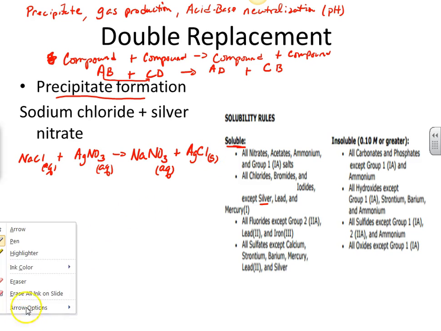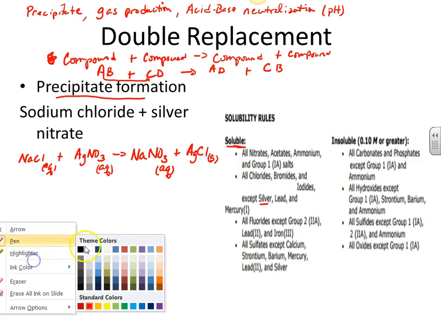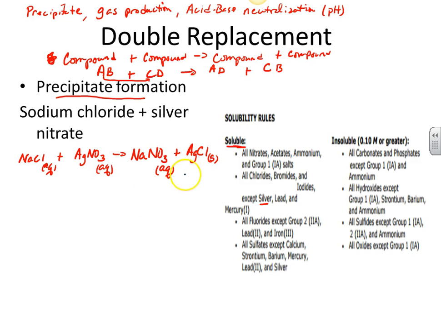What that means is that the silver chloride is a precipitate. And once we find that precipitate, we would say that the reaction does occur, and then we would accept the equation that we've written and make sure it's balanced. It is, and that would be the final answer to the problem.